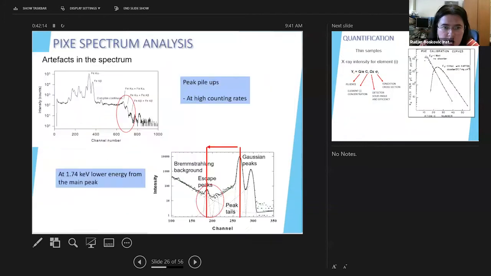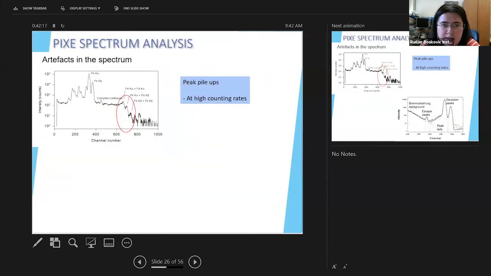Here, for example, this peak is the sum, twice this peak. This peak will be a signal from K alpha plus K beta, and this will be double of K beta. So you will have these three peaks, and if you have some element inside, it may overlap with this peak, but for K beta the element will be somewhere outside. So this is how you can detect if you have a pileup.